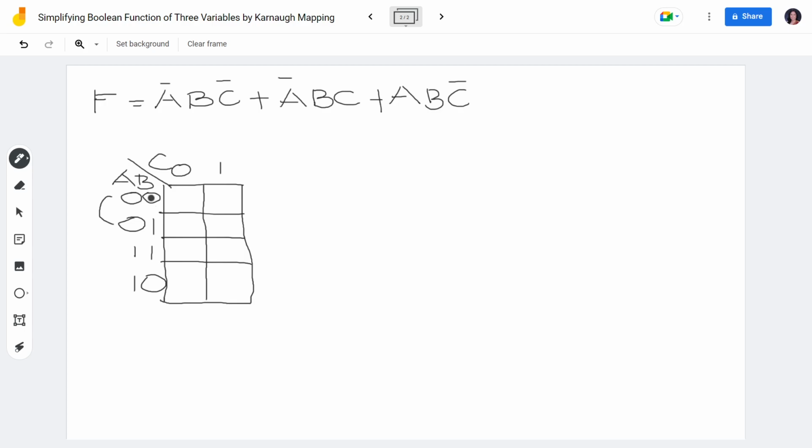The difference is 0 and 1, and they have the same value for A. Then for 0, 1 and 1, 1, they have the same value at B. And for the adjacent 1, 1 and 1, 0, they have the same value for A, which is 1.